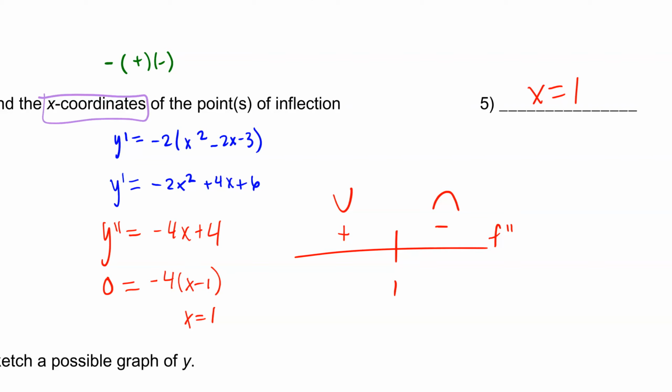The next part is to sketch a possible graph of y, the original function. We don't know what the original function is, but we do know roughly what the graph will look like. The first derivative is a quadratic, and the second derivative is linear.